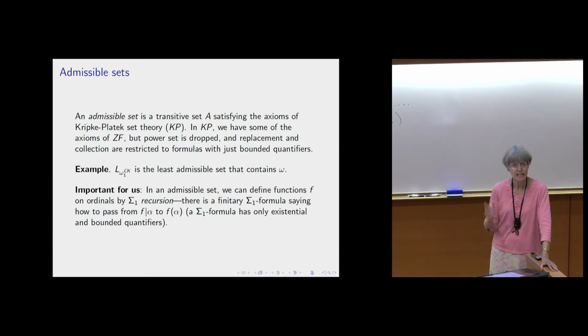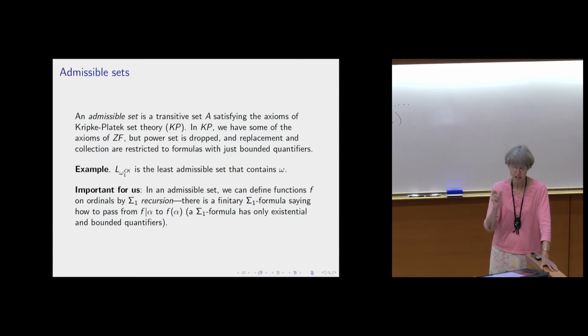So an admissible set is a transitive set with the epsilon relation, and it satisfies the axioms of Kripke-Platek set theory. Again, I won't give all the axioms, but we've got some of the axioms of ZF, but we changed some things.